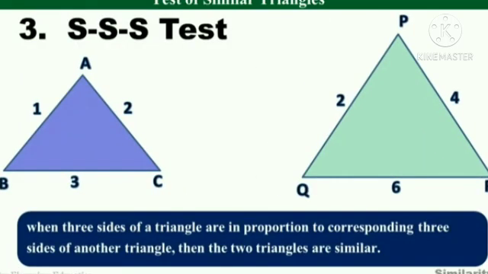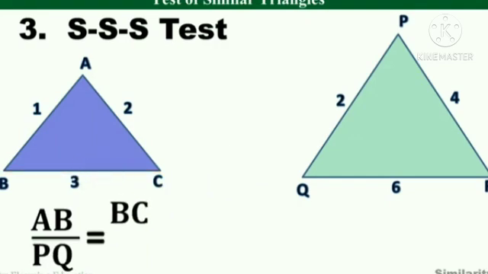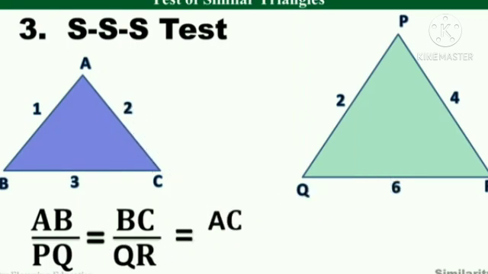Now come to the SSS criterion. See these two triangles. When three sides of a triangle are in proportion to the corresponding three sides of another triangle, then the two triangles are similar. So let us verify whether this comes true. Here we can see two triangles ABC and PQR. Now let us see AB by PQ, the first two corresponding sides, what is the ratio? That is equal to BC by QR and equal to AC by PR.